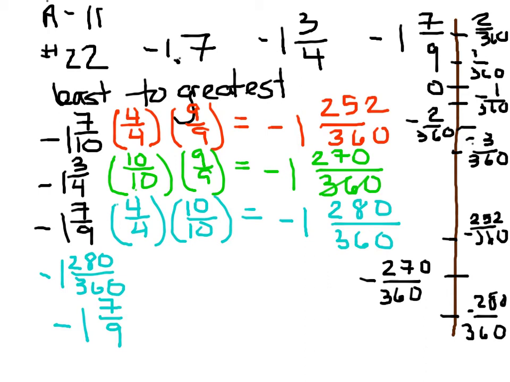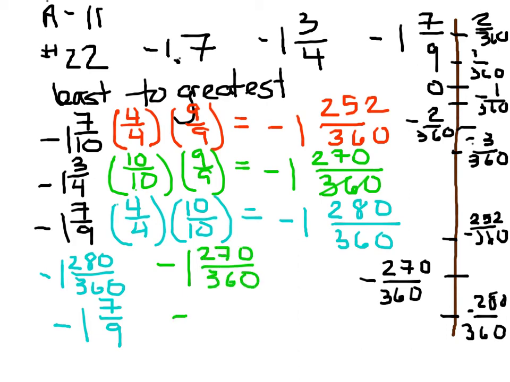And now I come over and I look at the next one, and I see that it is negative 270 as I go up. So the next largest one is going to be a negative 1 and 270 over 360.